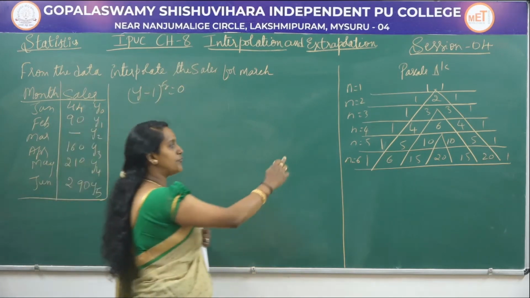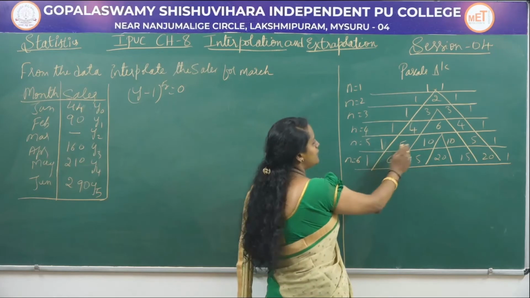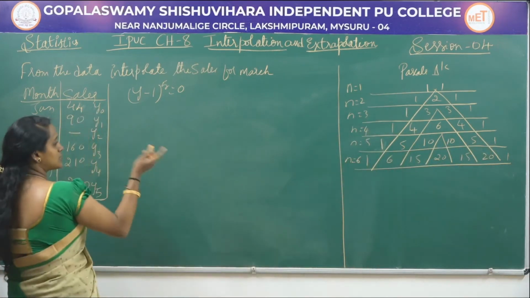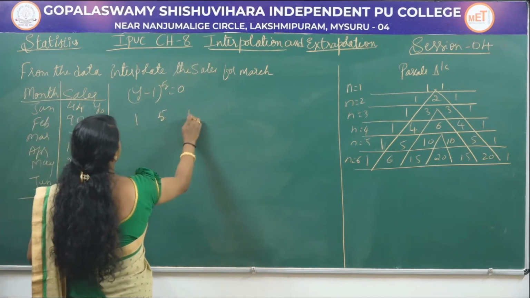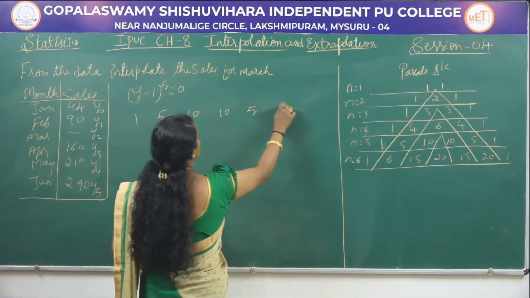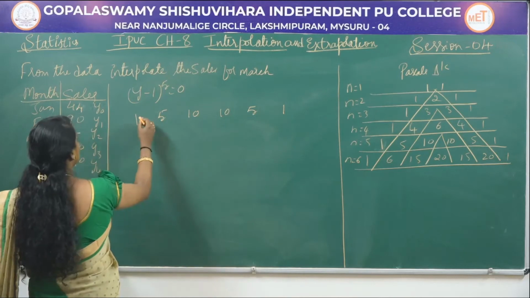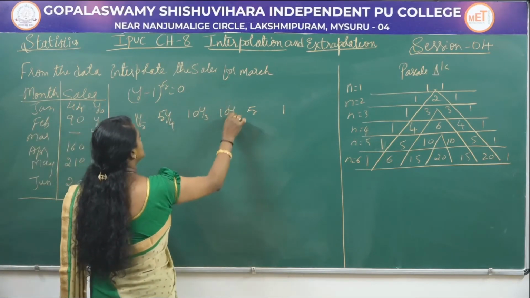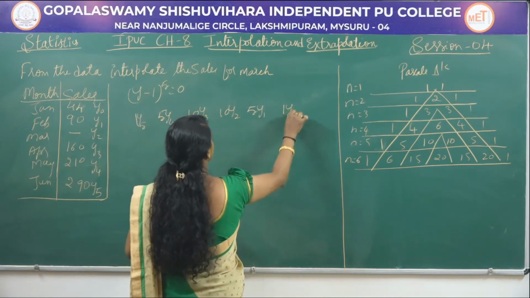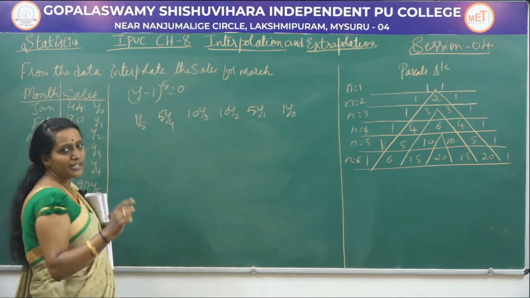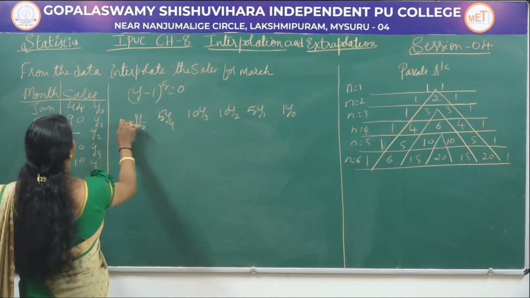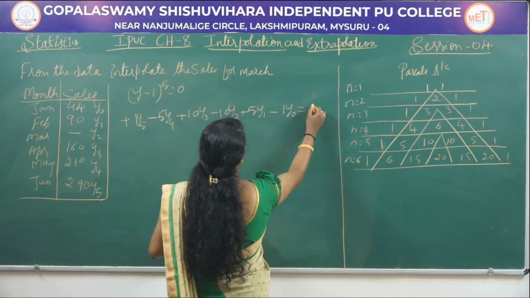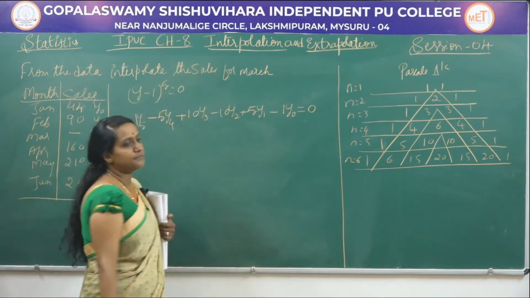For n is equal to 5, the coefficients are 1, 5, 10, 10, 5, 1. So first write down these coefficients 1, 5, 10, 10, 5, 1. Next take down the y values y5, y4, y3, y2, y1, y0. Next write down the alternating signs plus, minus, plus, minus, plus, minus and equate this to 0.